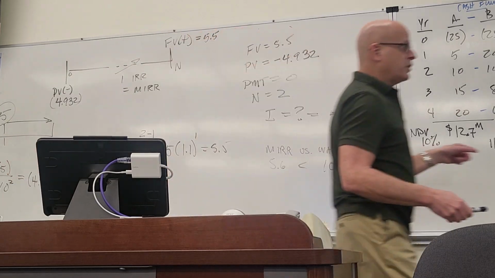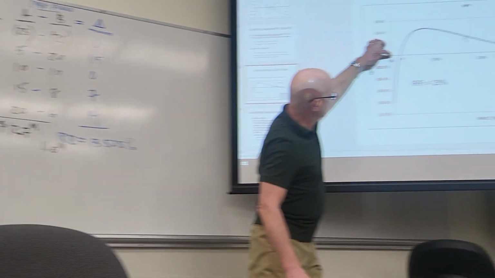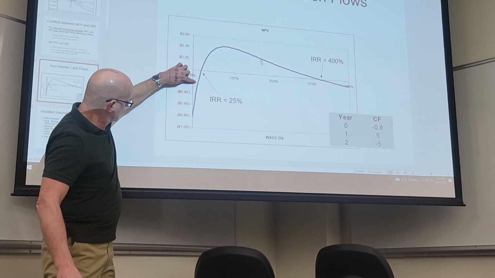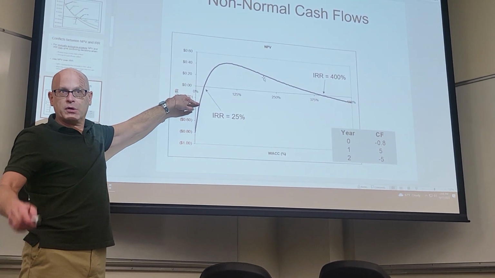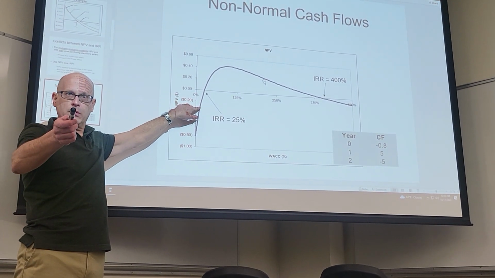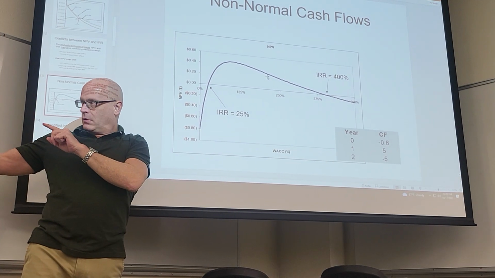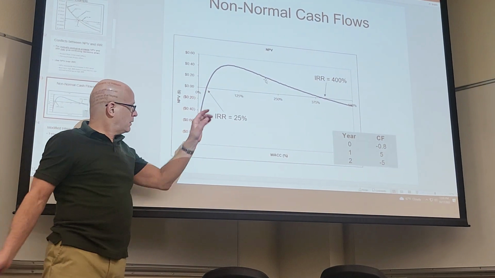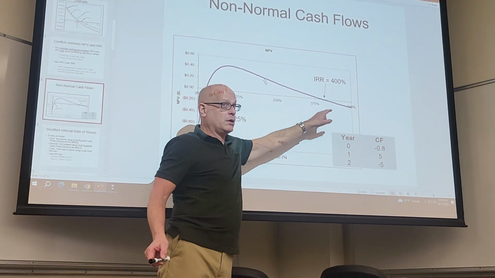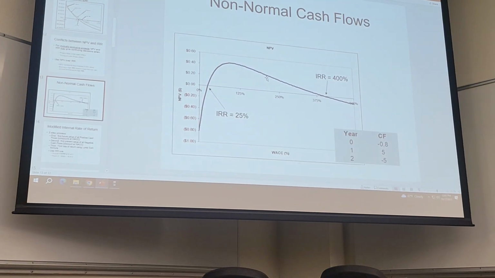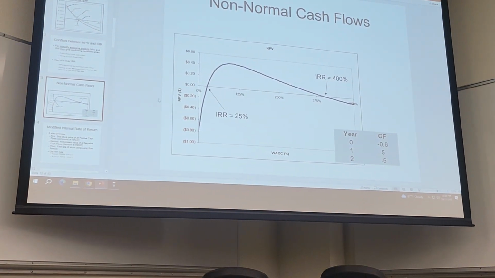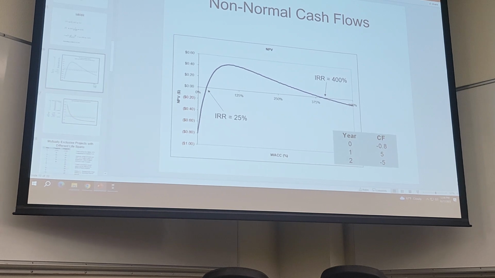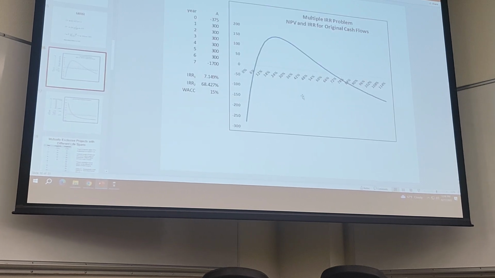Let's look where that is. 10% is where? It's in here somewhere, right? Negative NPV. We wouldn't have done the project if we computed NPV. So the modified IRR gets around this issue here. And I don't know if I have a graph of that. Yeah, here's those cash flows again, that same graph.